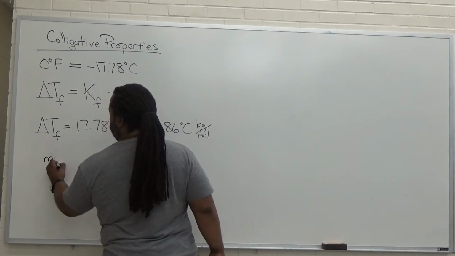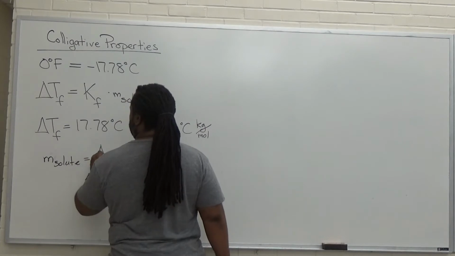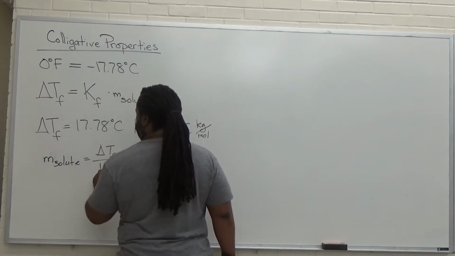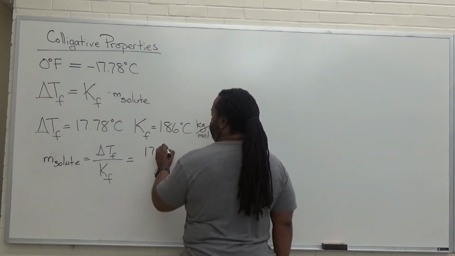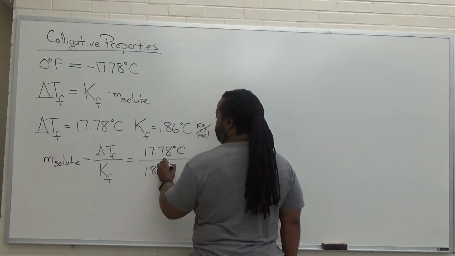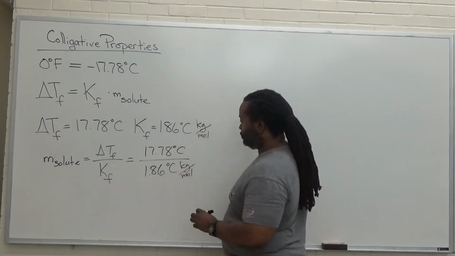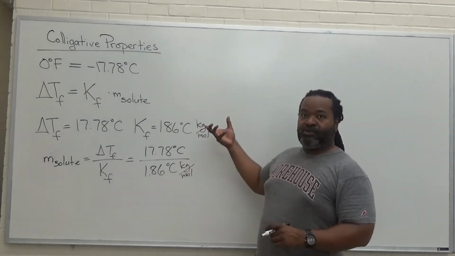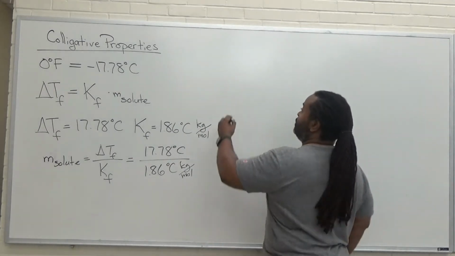The molality that we want will be the temperature depression divided by the constant. So that is 17.78 degrees Celsius divided by 1.86 degrees Celsius kilogram per mole. The degrees Celsius will cancel because our kilograms per mole are on the bottom. That's going to flip when we get up top, but we will now have our target molality.